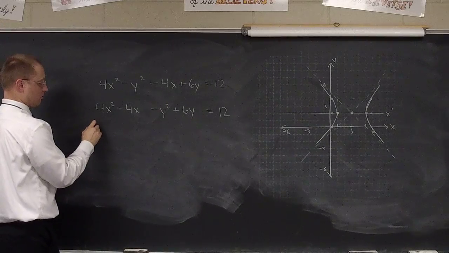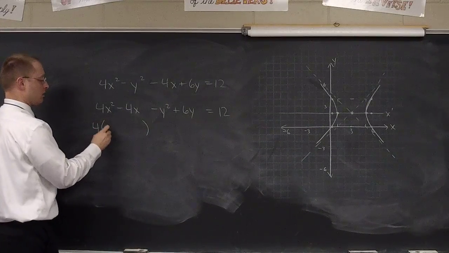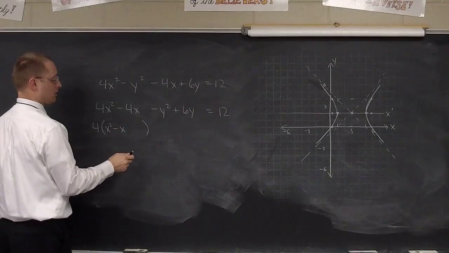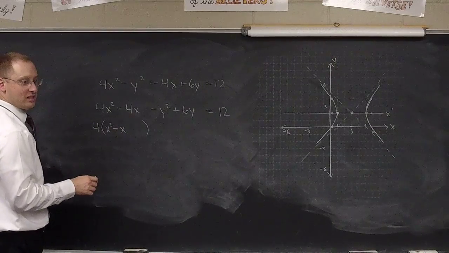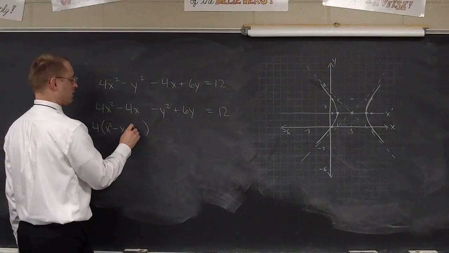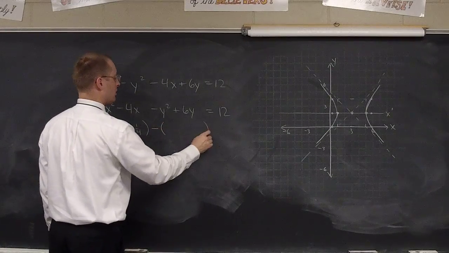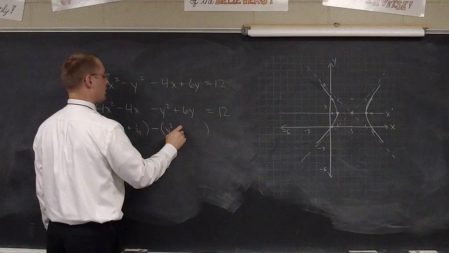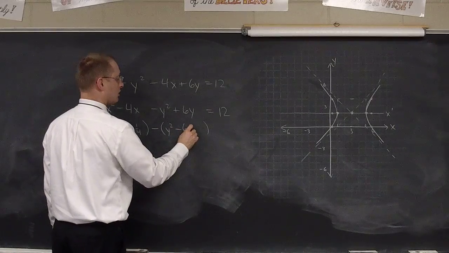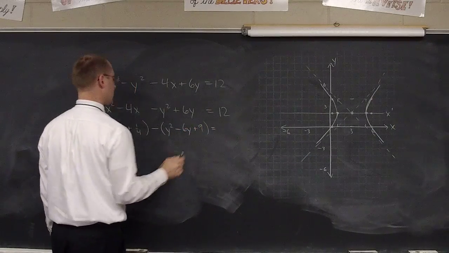Pull out the 4, so x squared minus x. Ooh, that's another twist. Plus 1/4. Then pull out your negative y squared minus 6y plus 9. Good.